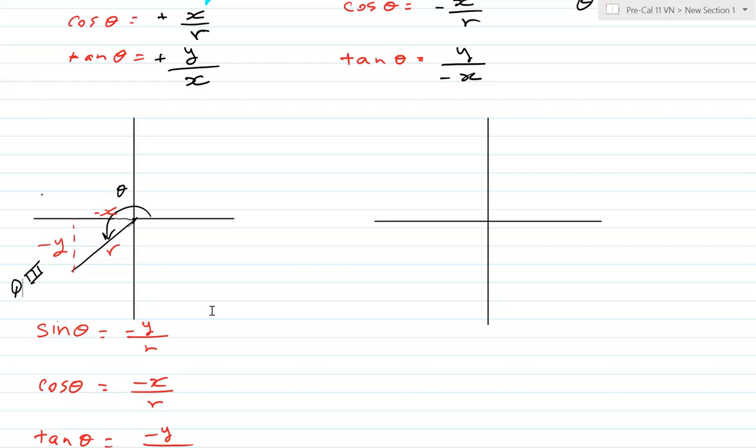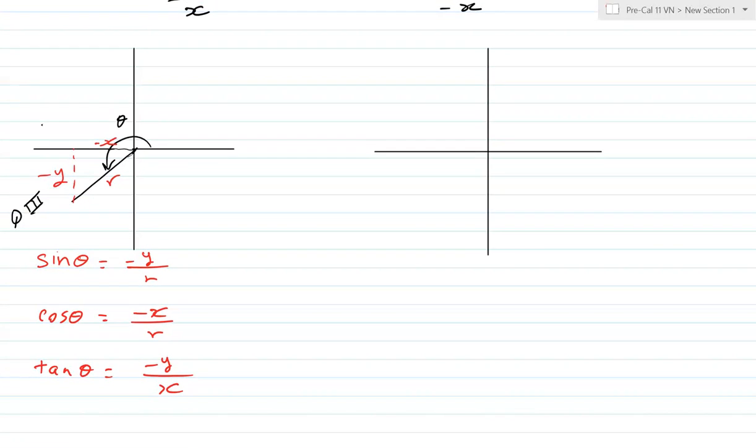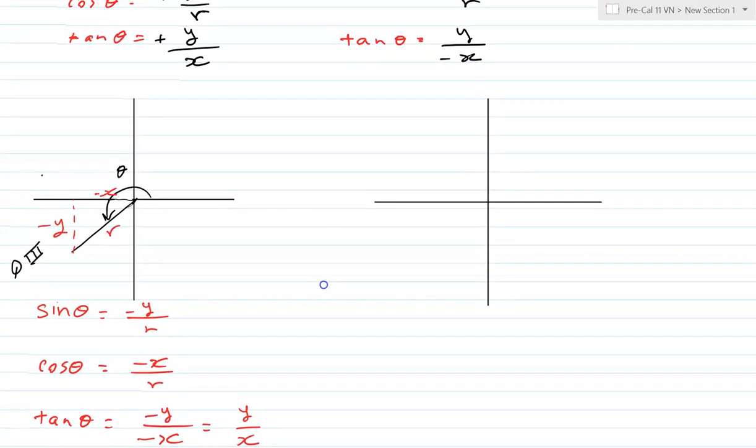That's why we can actually use the standard position. And now this time, notice that cosine and sine are negative. Okay, and tangent is positive, because it's y over x. So tangent is positive in quadrant 3.